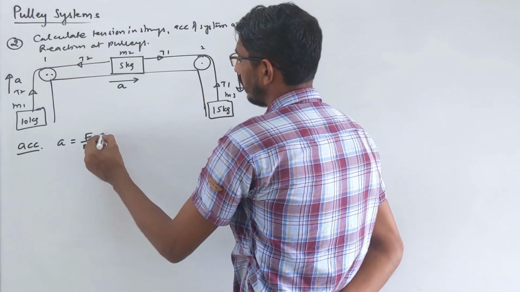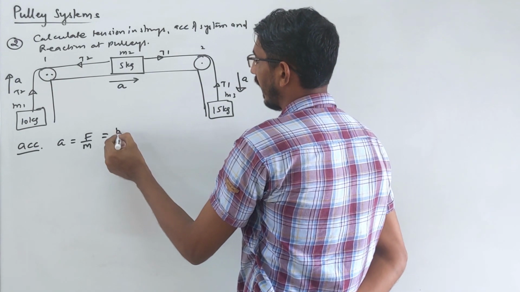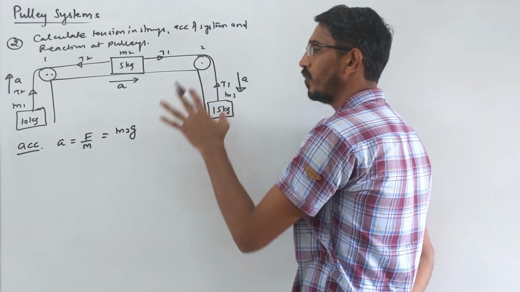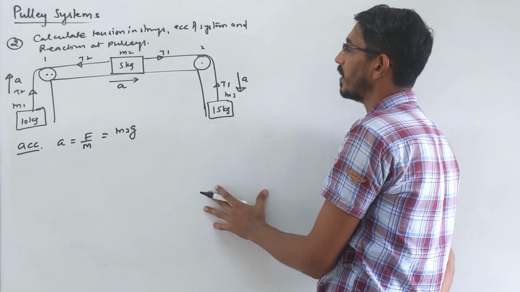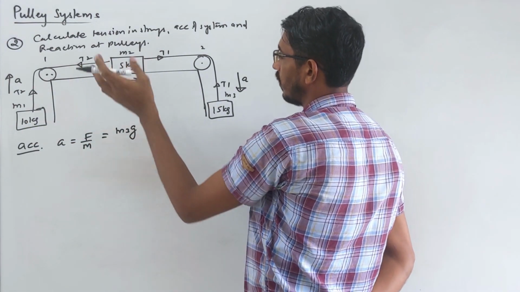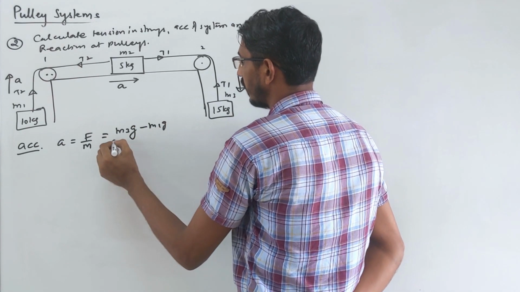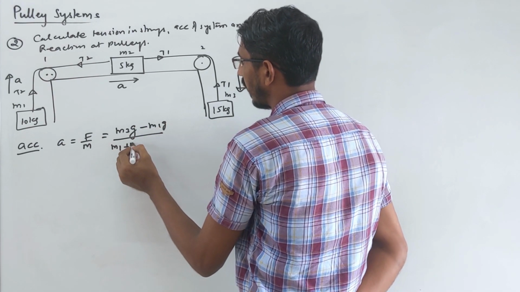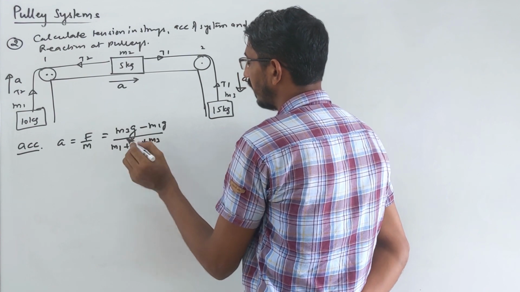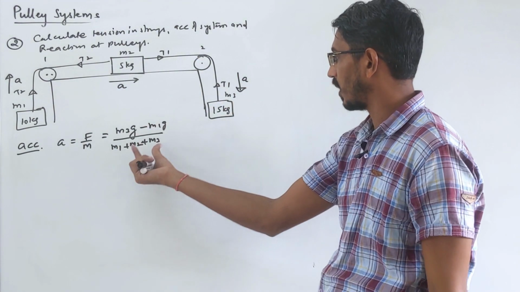Okay, so let's write. Who is making the system move? This block, 15 kg. So I am writing M3G is making this system move downward, right? This is making motion, and who is opposing this? This weight. This is hanging vertically, this is opposing, this has no role. So minus that weight M1G, divided by total mass M1 plus M2 plus M3. This is not playing a role in causing motion or stopping this, but still total mass it will come.